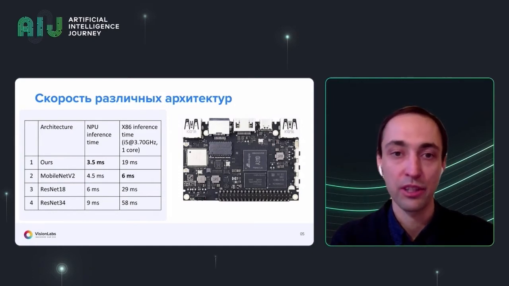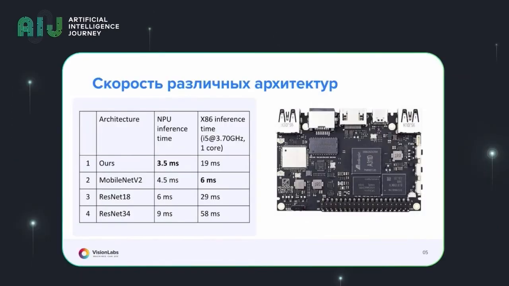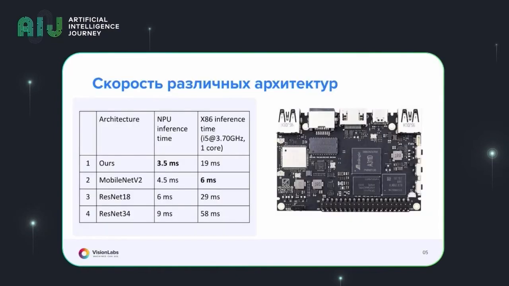As to the performance, we measured the performance for different architectures. Core i5 3.7 gigahertz and our NPU. So it turns out that the Intel architecture is much better performing than the NPU, but this is a generic problem for all the NPU manufacturers because they haven't optimized this part of the calculations.